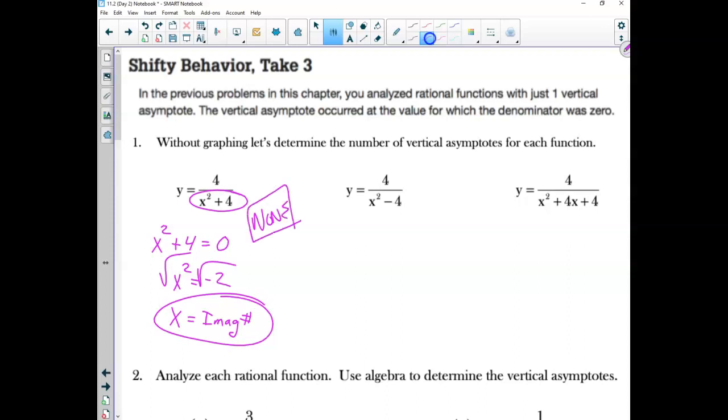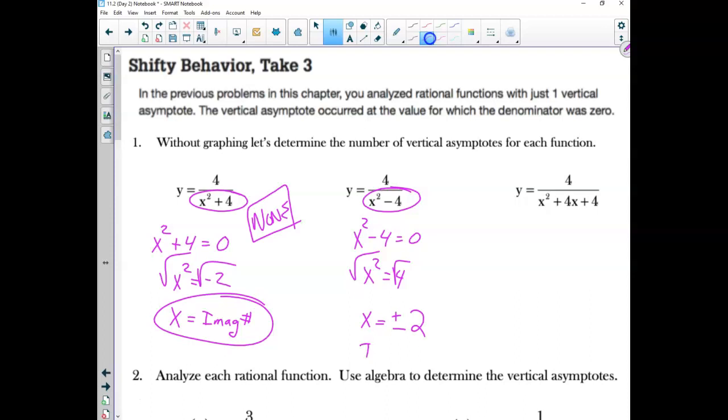Notice, they're imaginary numbers I can't graph. So the next one, again, I don't care about the top to find my vertical asymptotes. I'm just taking the expression in the denominator, setting it equal to 0, and I'm going to get x squared equals 4. But now remember, when you're solving an equation and you square root, we get a positive and a negative 2.